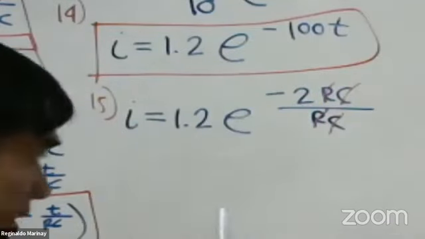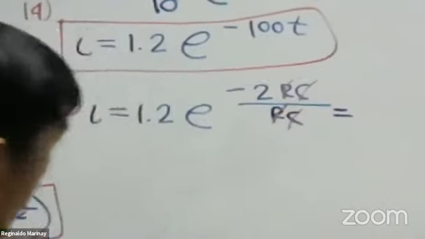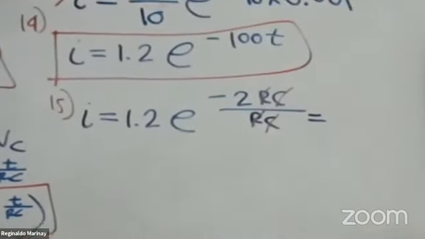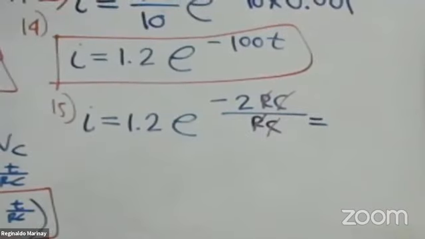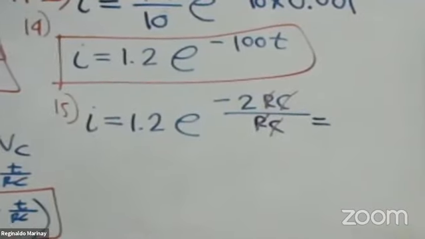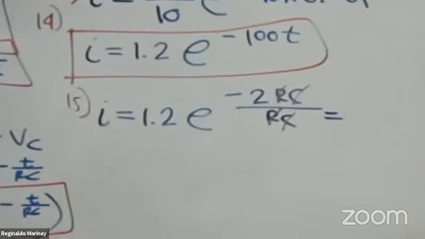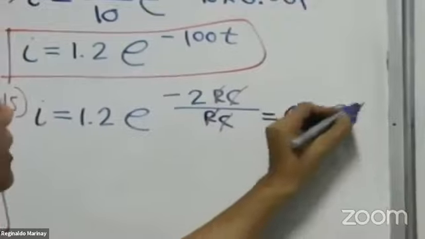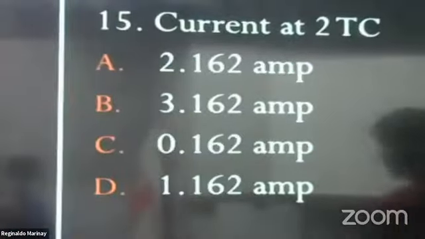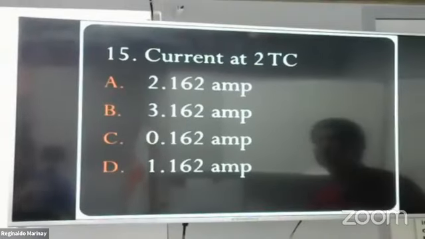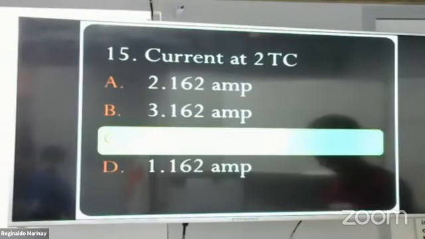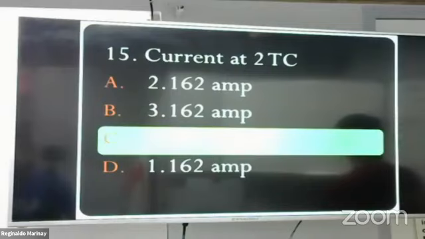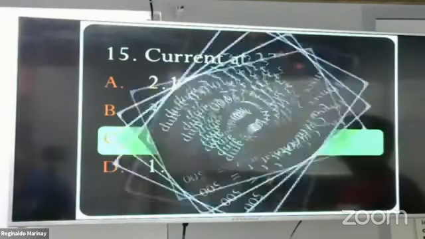Then what is the value, guys? 1.2 times e raised to negative 2. Okay, my answer here is 0.162 amperes. That's the answer. What letter? Okay, letter C. No? Letter C.